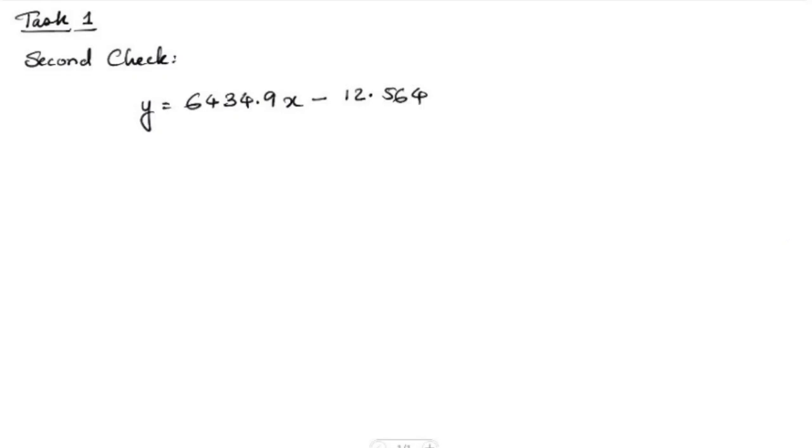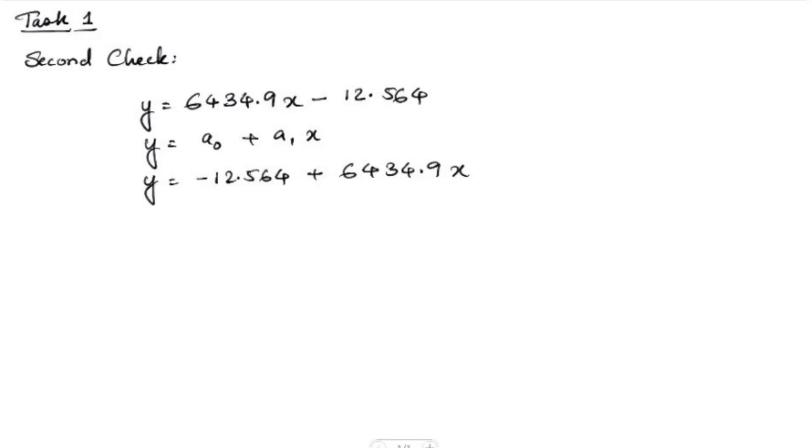At first, I have written the equation that we got when we plotted the graph in Excel, and now let's write it in this format here, which is y is equal to a0 plus a1x. So a0 is minus 12.564 plus 6434.9 x.